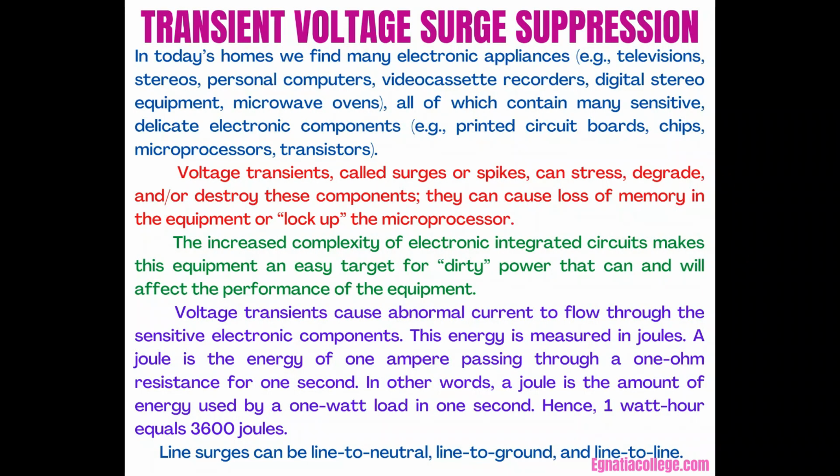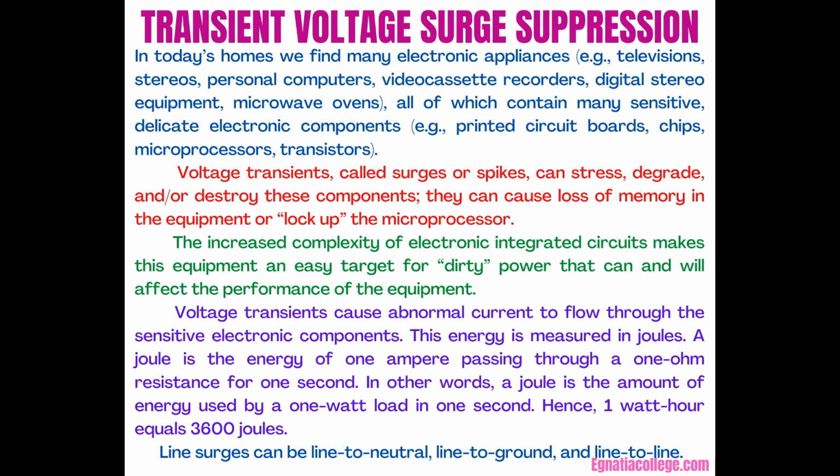Transient voltage surge suppression. In today's homes we find many electronic appliances, for example televisions, stereos, personal computers, videocassette recorders, digital stereo equipment, microwave ovens, all of which contain many sensitive, delicate electronic components, for example, printed circuit boards, chips, microprocessors, transistors.